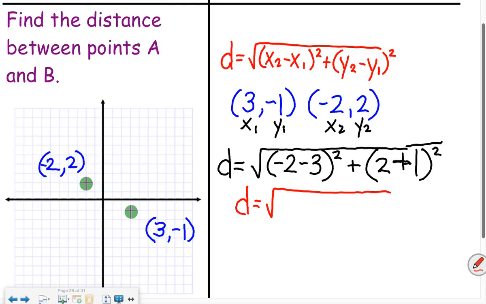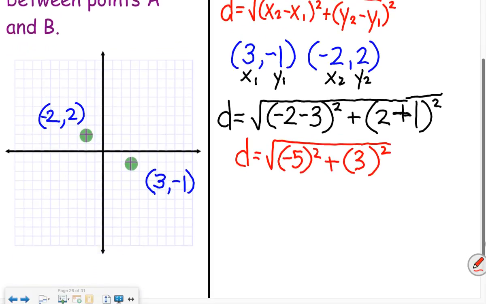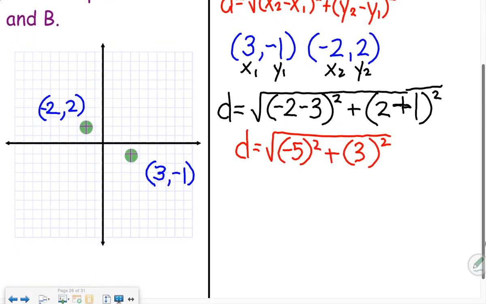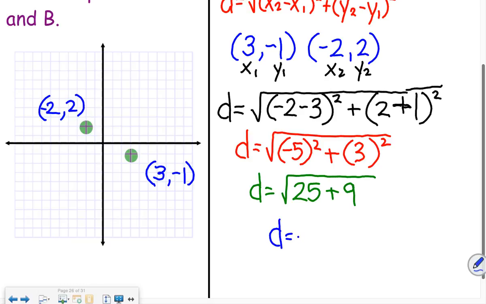So -2 and -3 make -5. 2 plus 1 is 3. And I'm going to square both of those numbers. -5 squared is 25. 3 squared is 9. So D equals the square root of 34, or 4.9 rounded. So the distance between those two ordered pairs is 4.9.